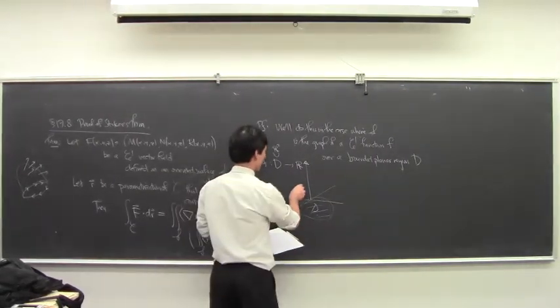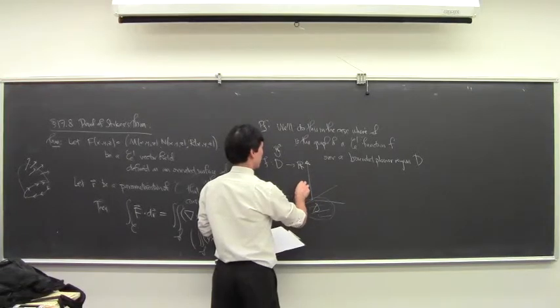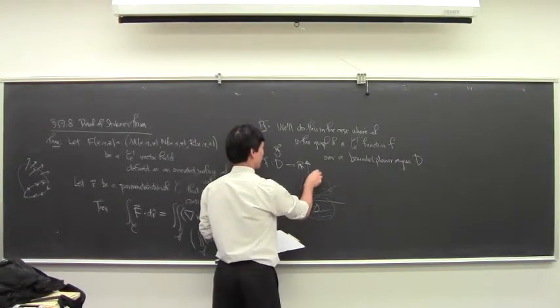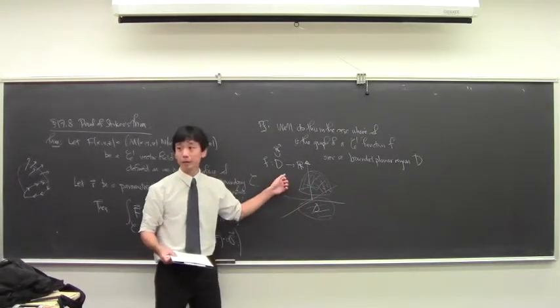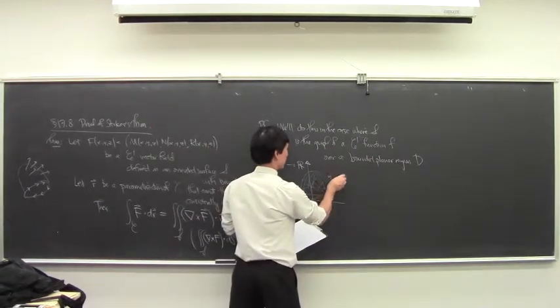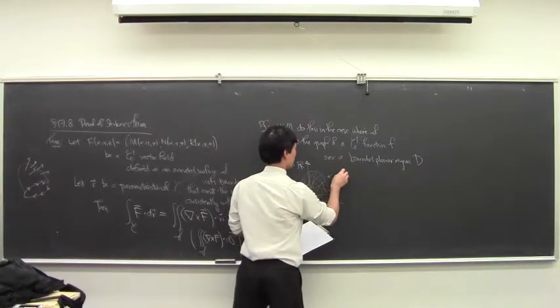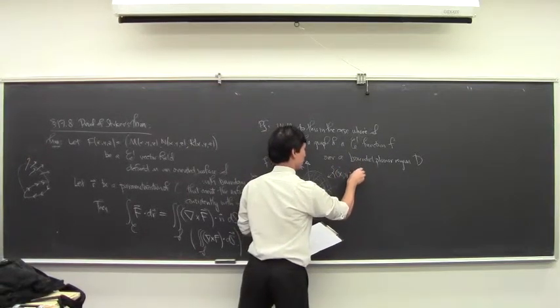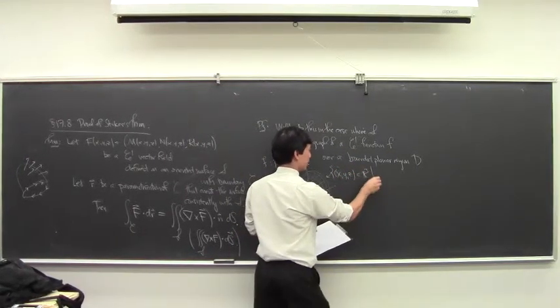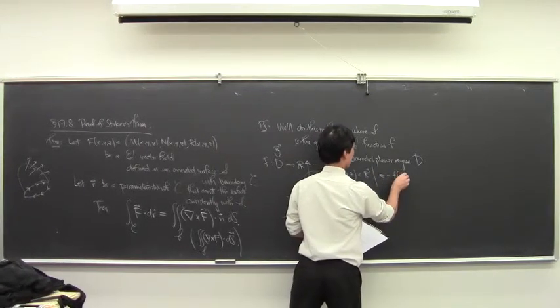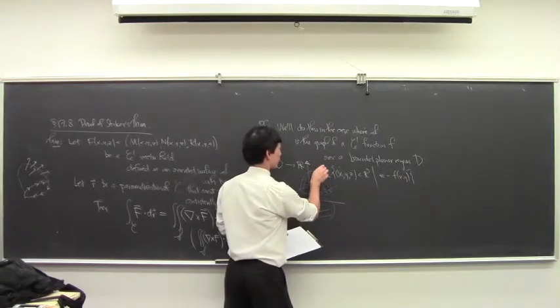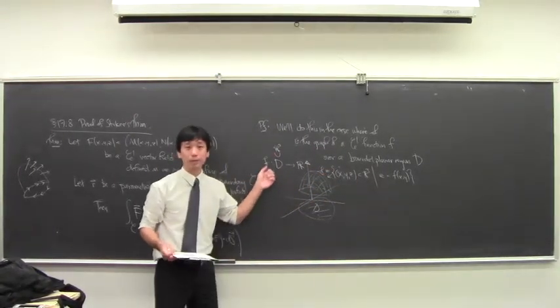And so our thing will be the graph of f. So this thing here is the set of x, y, z in R3 such that z equals f of x, y. S is going to be the graph of f.